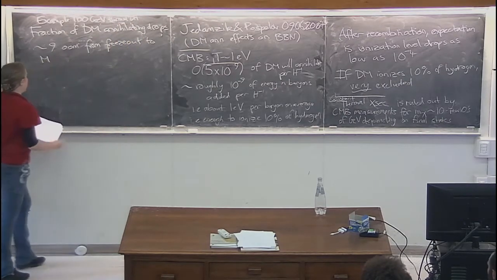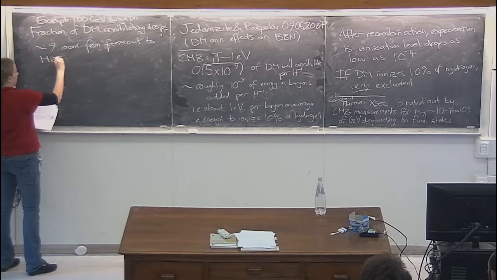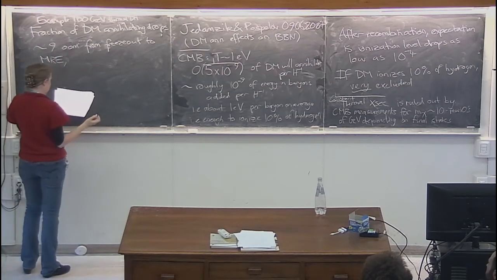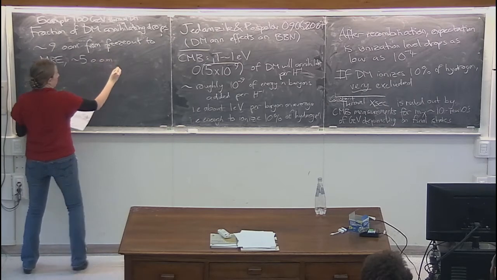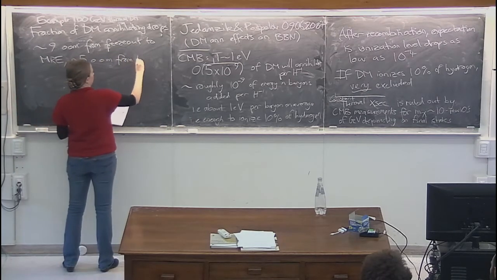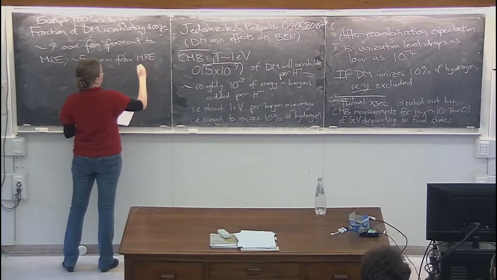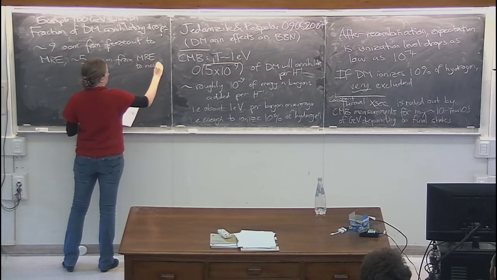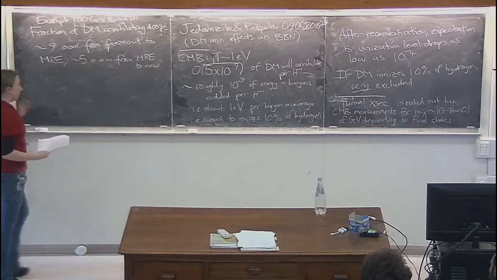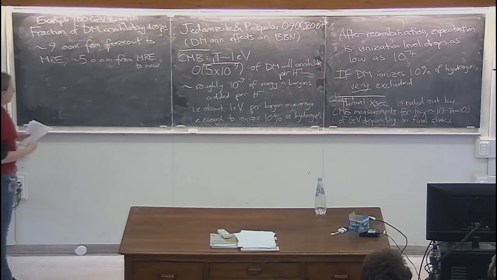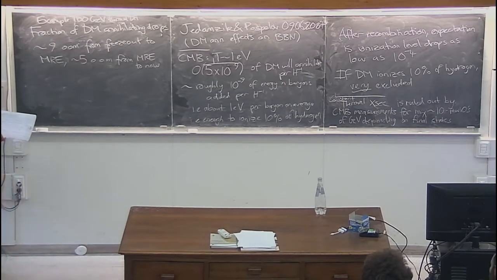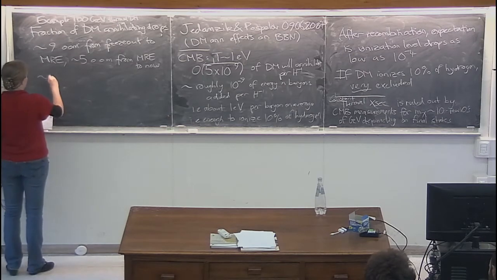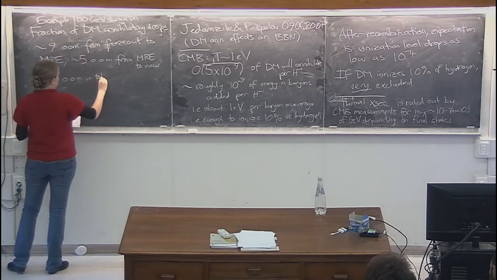Then it falls about 5 orders of magnitude, if I've done that right, from matter-radiation equality to now, if I'm remembering correctly when matter-radiation equality is. So that corresponds to about 14 orders of magnitude in total.